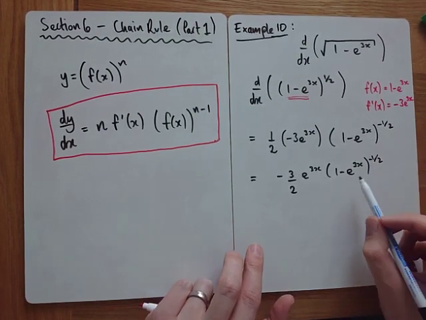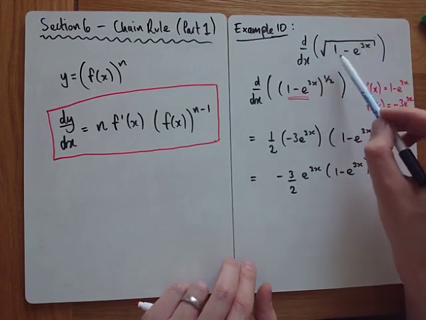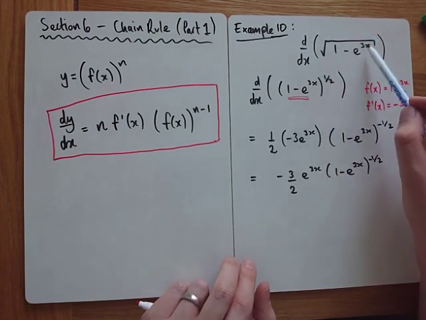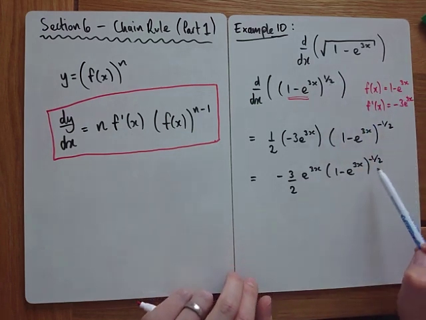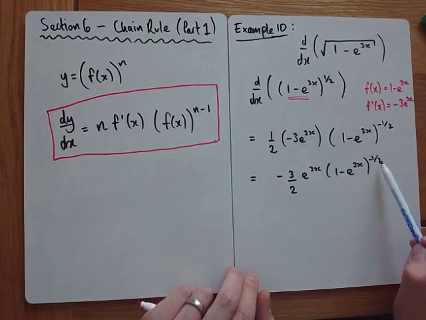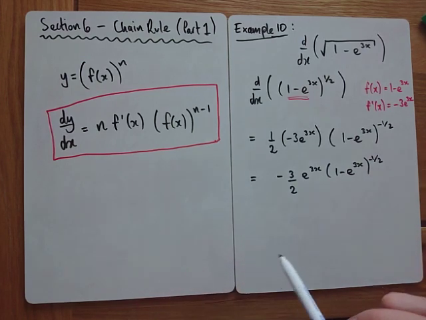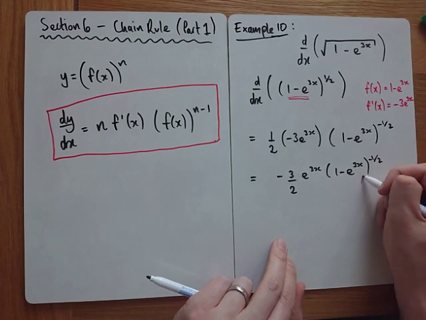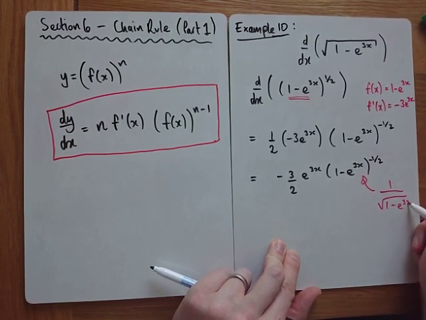Quite often you will see this, like if you notice the original question was not in index form, it was just a square root, wasn't it? We wrote it in index form so that we could differentiate it, and now in our final answer, we've still got it in index form. You might want to take it out of index form. Okay, so if it's the power minus a half, that's like 1 over the square root of 1 minus e to the 3x.